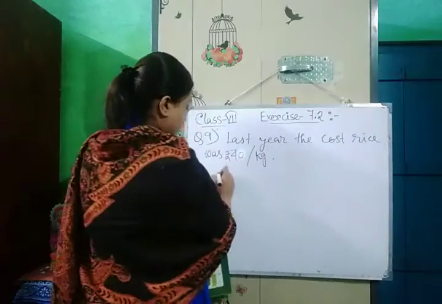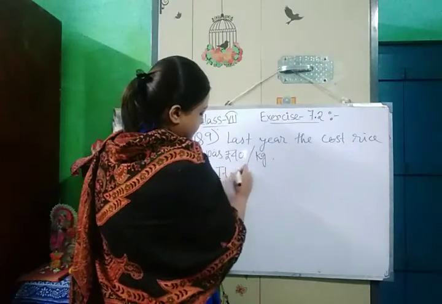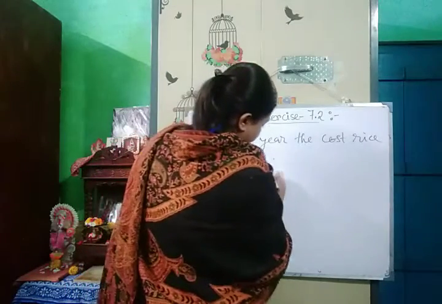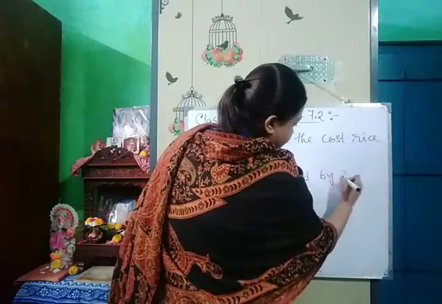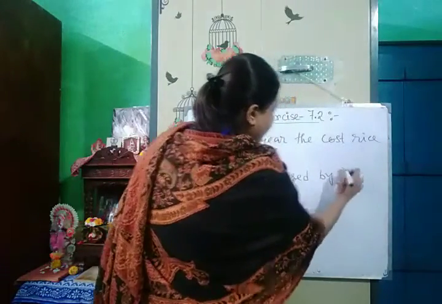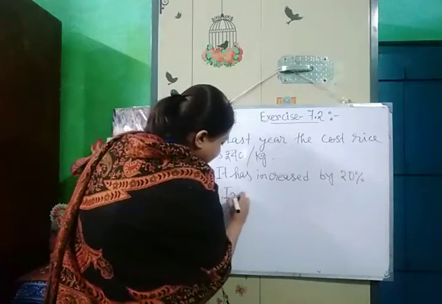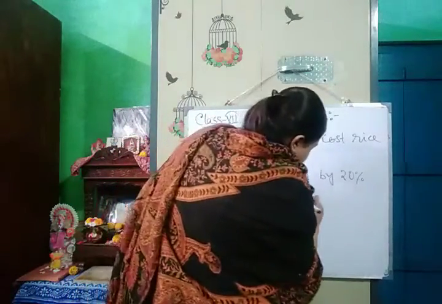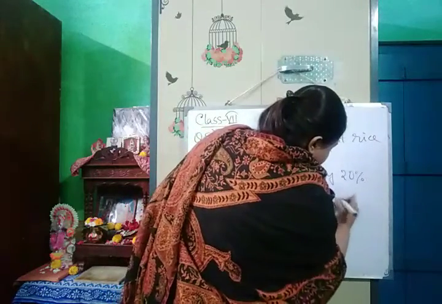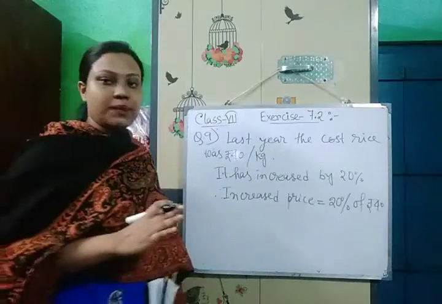Okay, now it has increased by 20%. So now we are going to find out the increased price. Therefore, increased price equals 20% of rupees 40. We are going to find out the increased price.